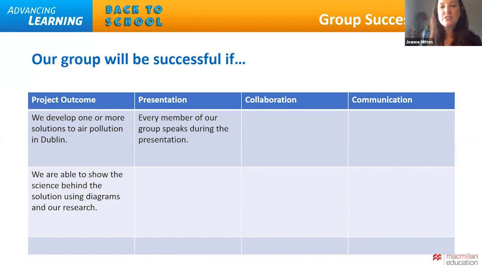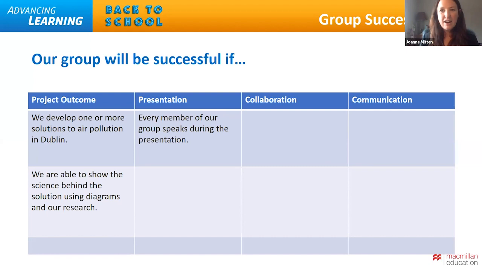So here I've given the students some examples. Our project will be successful if we develop 1 or more solutions to air pollution in Dublin. Okay, so that's very clear for them. They know that they need 1 or more solutions, so they know they'll be successful if they do that. Our group will be successful if we're able to show the science behind the solution using diagrams and our research.